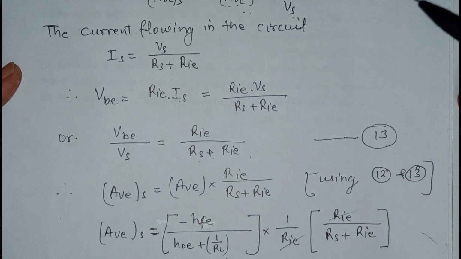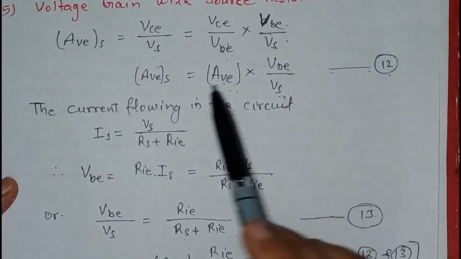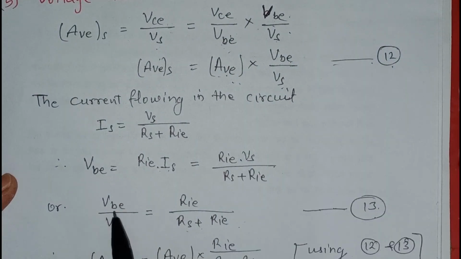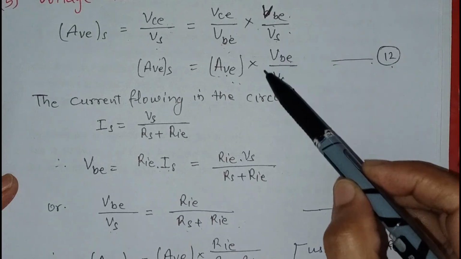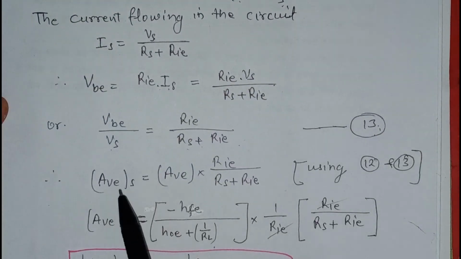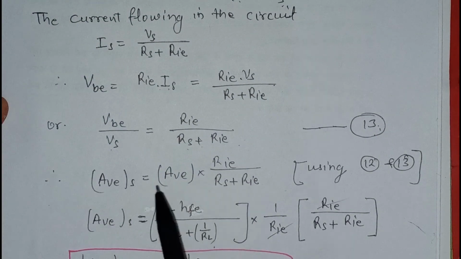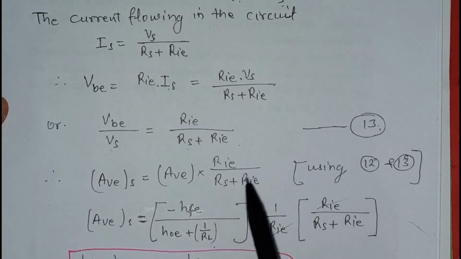Now using equation number 13 and equation number 12, we will put the value of VB upon VS from equation 13 into equation number 12. Now we will get AVS equals AV into RIE upon RS plus RIE.